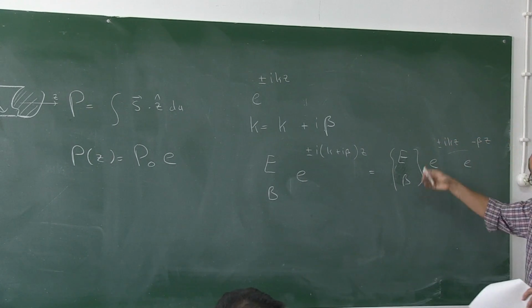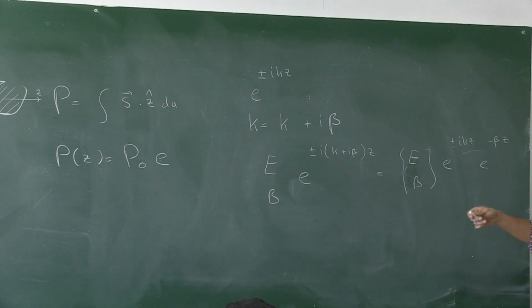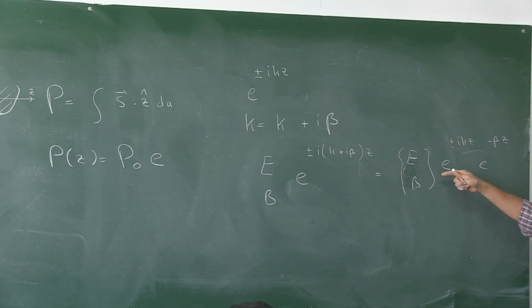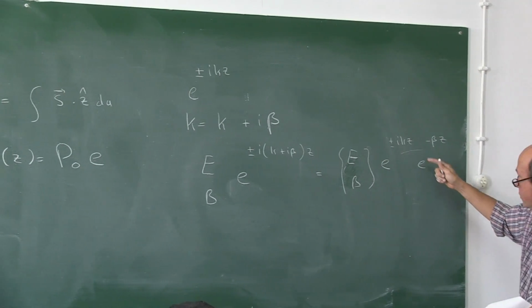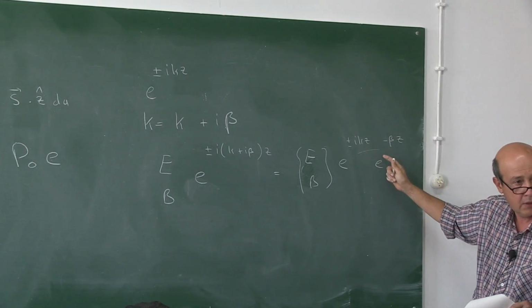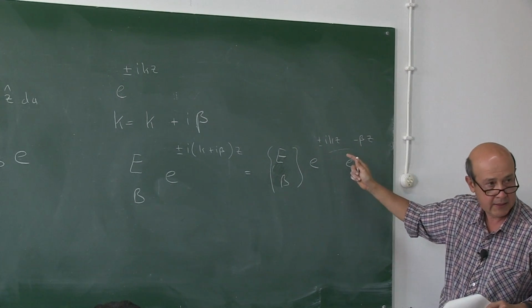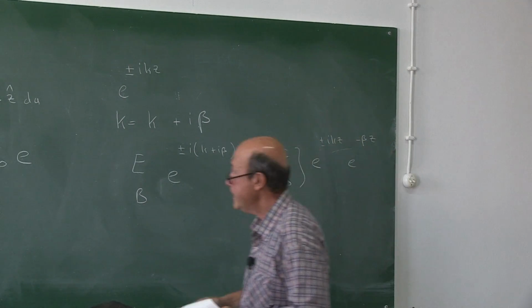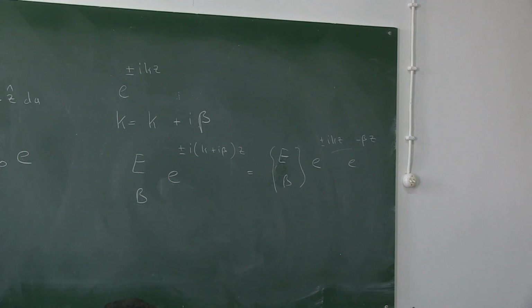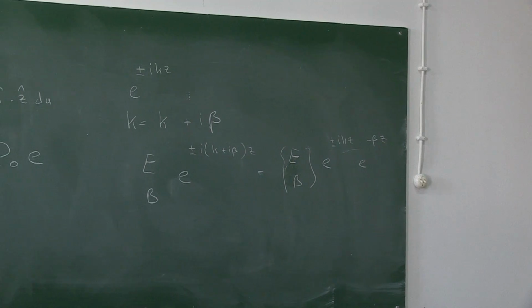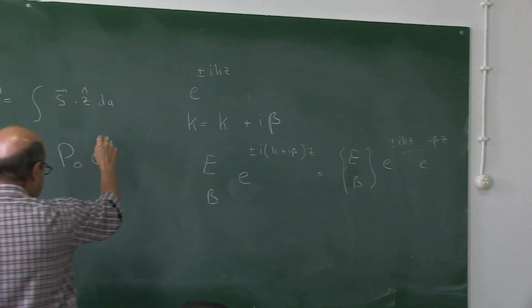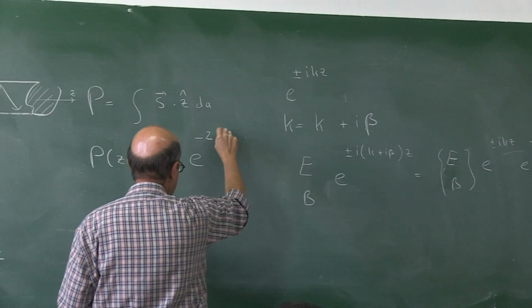If you take the square of this field, the oscillating part will be unity because you multiply with the complex conjugate, and this will be a factor of 2, e to the minus 2 beta z. So basically, we will put the power transmission in the following form: e to the minus 2 beta z.